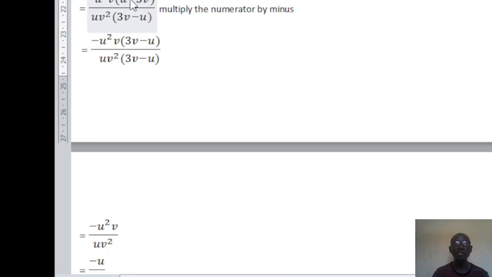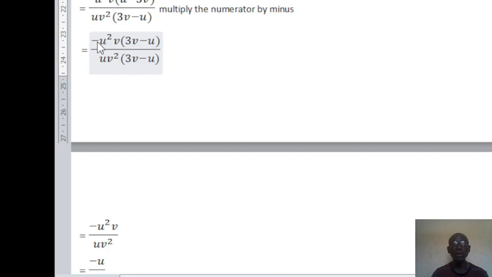In order to make these the same, we multiply u by a minus. Remember our u square v divided by u v square; we drop it down so that we can do the arithmetic.